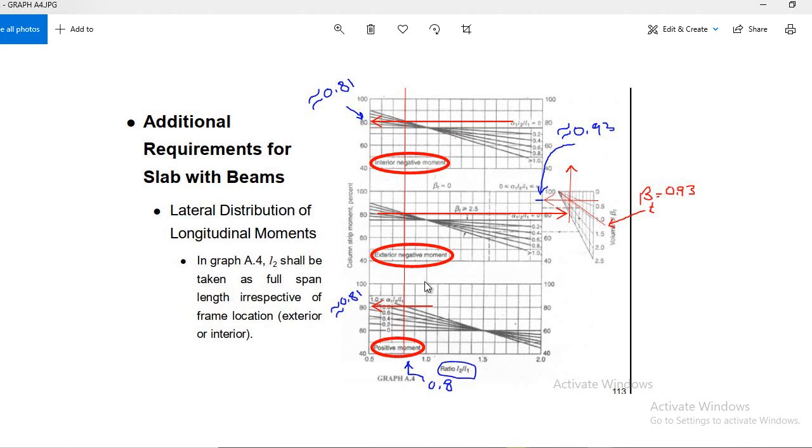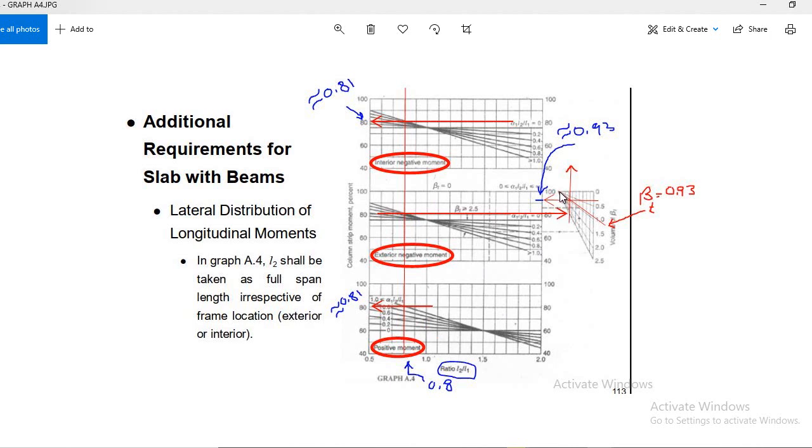Now the next coefficient is exterior negative moment. For that, this is a little bit tricky. You see the line which touches these inclined lines, same as here, and then we have to proceed that line in this direction.